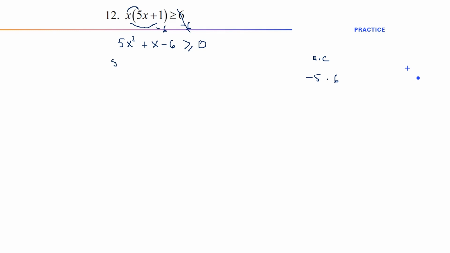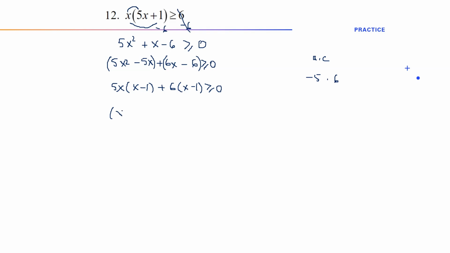Alright, so 5x squared minus 5x plus 6x minus 6 greater than or equal to 0. Alright, so we take the 5x out of the first two and the 6 out of the last two. 5x, we have x minus 1, plus 6, we have x minus 1, greater than or equal to 0.